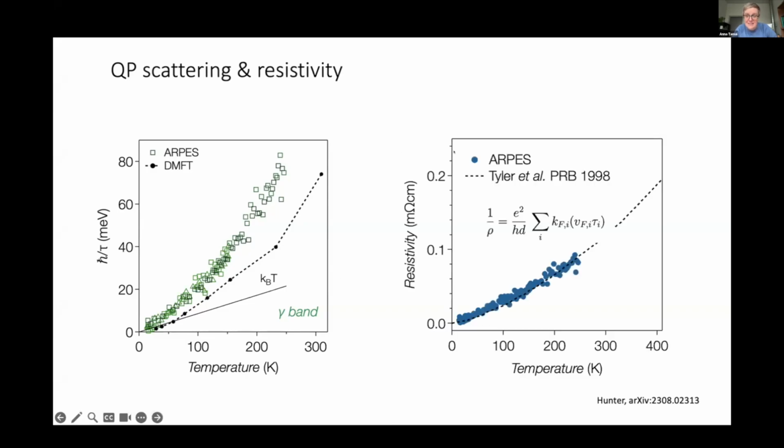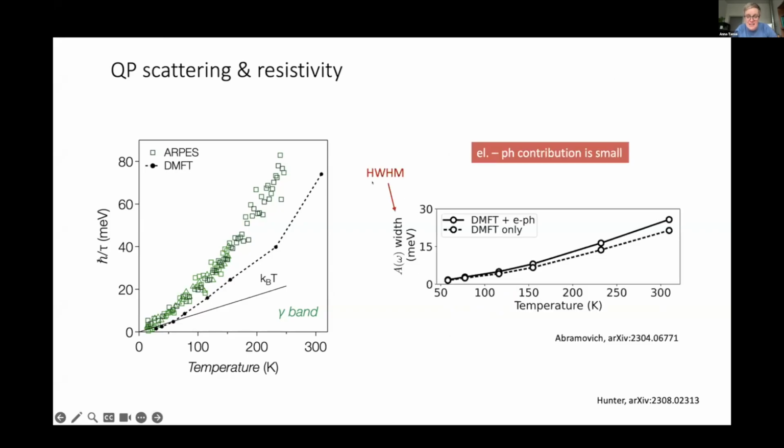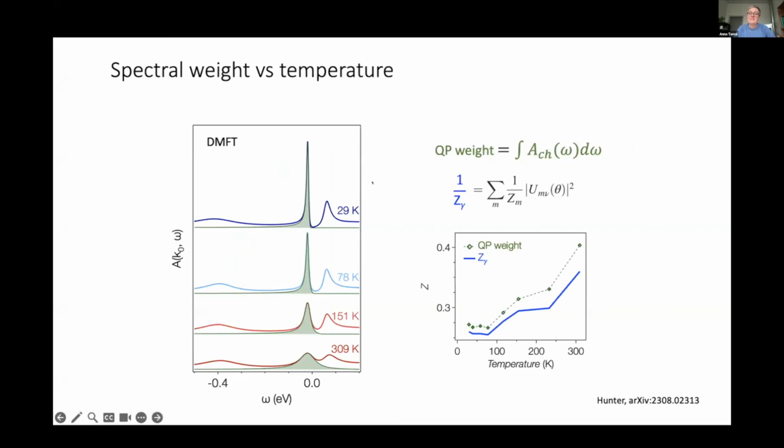I don't have a picture of the scattering mechanism, but yes, these quasi-particles are still well defined, but they become so broad because of the excessive scattering that they kind of disappear in the spectrum with temperature.